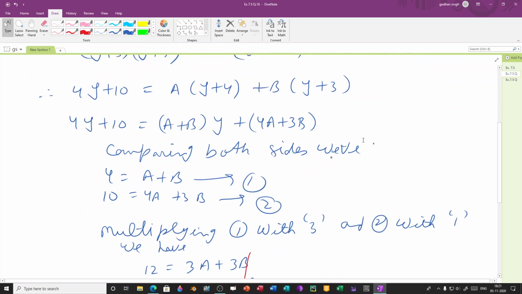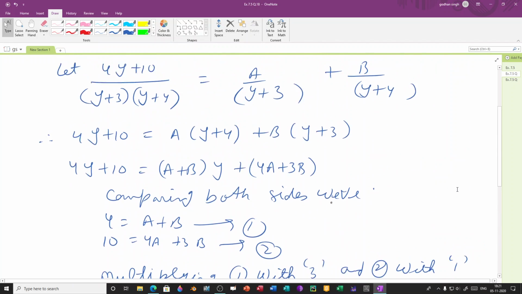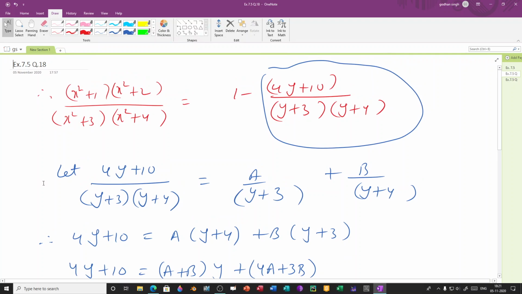Let us confirm it again. Here a equal to minus 2 and b equal to 6. Now we'll put this value of a over y plus 3 plus b over y plus 4 in place of 4y plus 10 over y plus 3 into y plus 4.